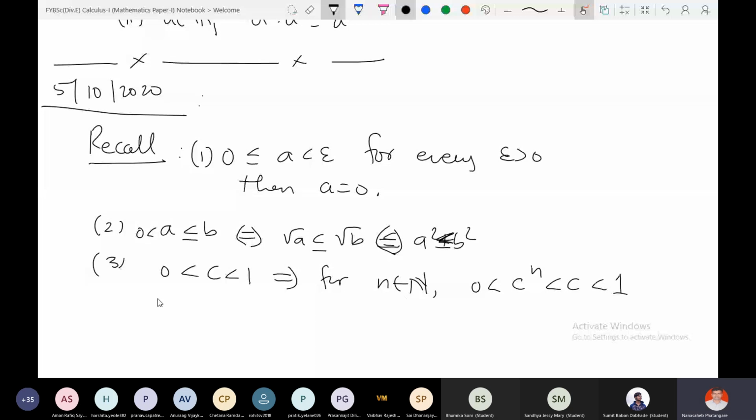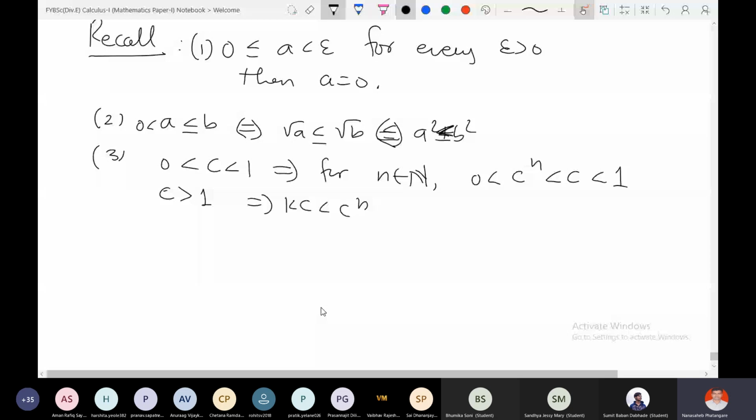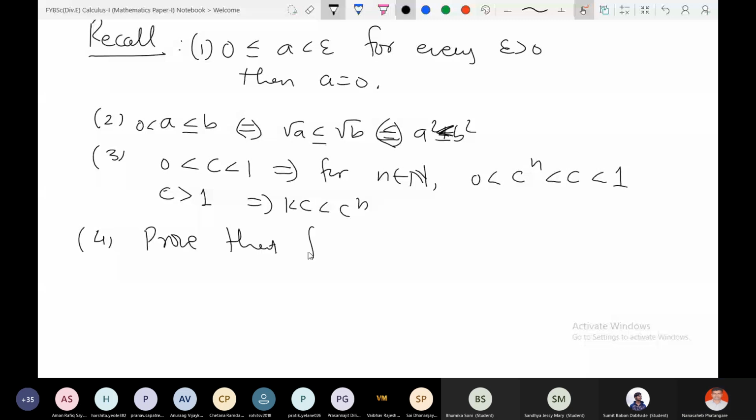Now what you can check is, for example, prove that for every n belonging to N, 3 raised to 1/n is greater than 1.